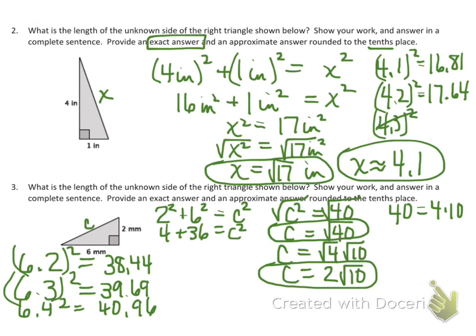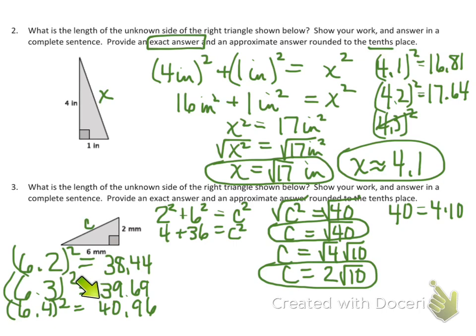Okay, so I punched them out on my calculator and got these values for 6.2, 6.3, and 6.4. So we can see that the actual value of the square root of 40 is going to be in between 6.3 and 6.4. So it's a little bit bigger than 6.3 and less than 6.4.